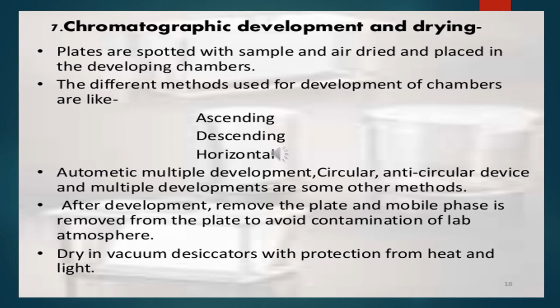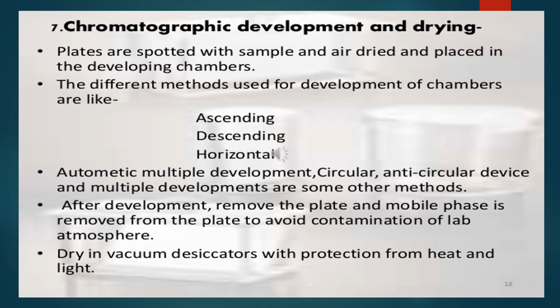Chromatographic development and drying. Plates are spotted with sample, air dried and placed in the developing chamber. The different methods used for development are ascending, descending, horizontal, automatic multiple development, circular, anti-circular, and multiple development.